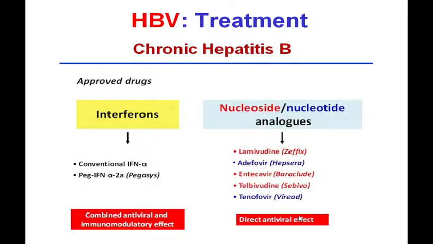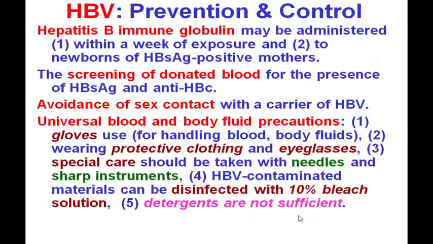They have a direct antiviral effect, but still the treatment is not very effective. It cannot eliminate the persistence of the virus in the liver. It may just help to inhibit the replication of the virus.